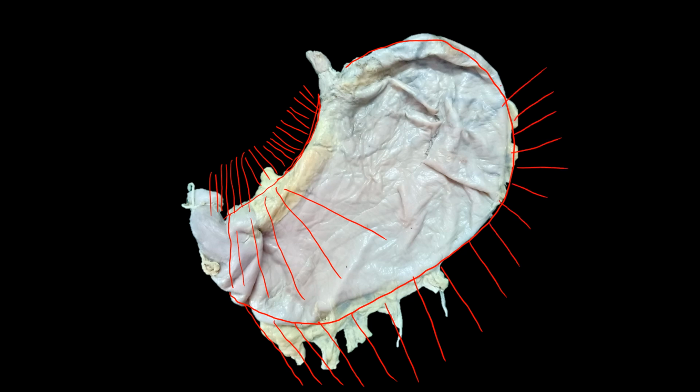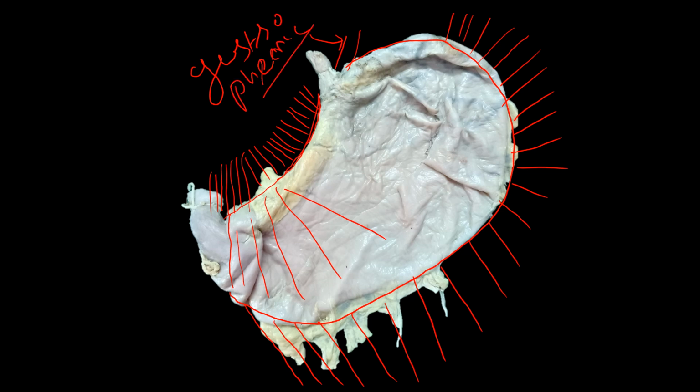In fact, at the greater curvature, it forms three ligaments near the cardiac end. One ligament is known as gastrophrenic ligament that extends from esophageal end to the left crus of diaphragm.